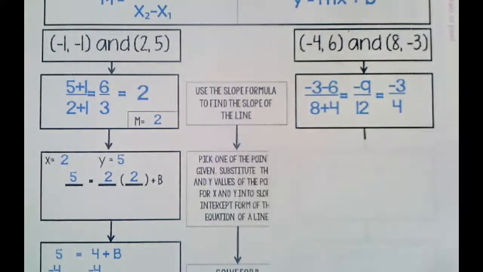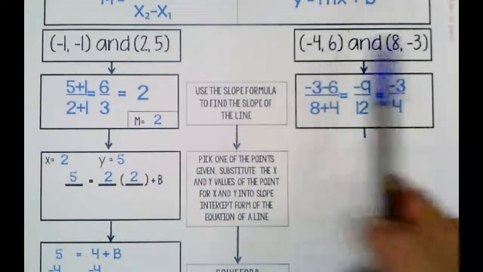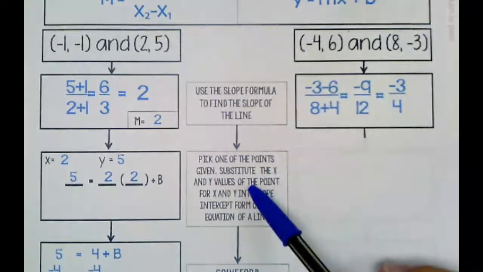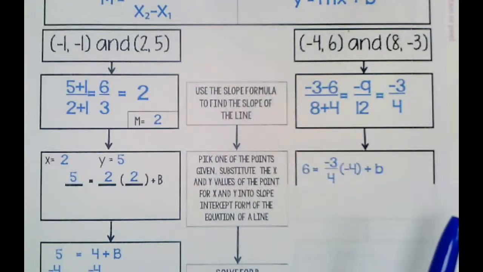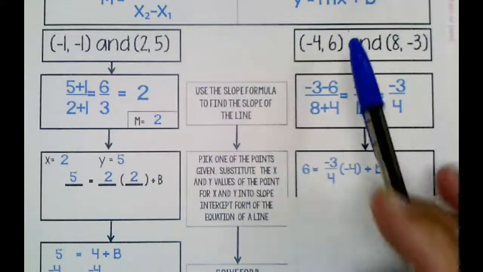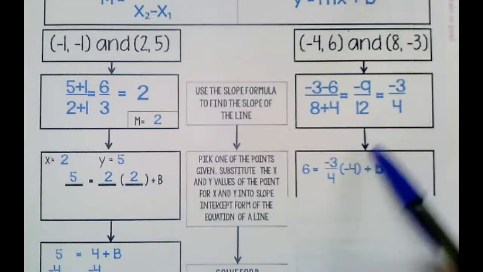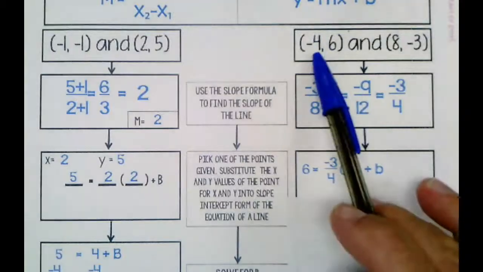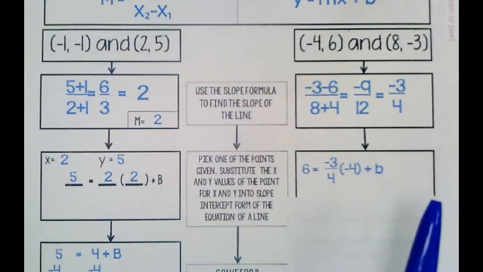Now that we have our slope, we pick a point on the line, one of these 2 points, and we input it so we can solve for our y-intercept. Here we chose the point -4, 6. So again, y, which is 6, is equal to m, which is -3/4, times x, which is -4, plus b.